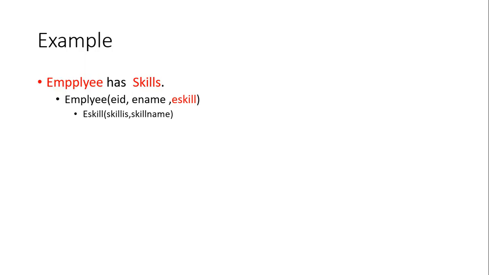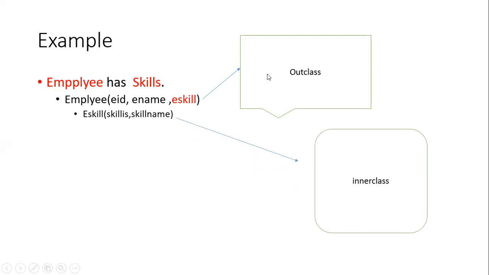By the definition of the class, you know already that a class could have some attributes and some behaviors. So you can define one outer class and one inner class. The employee is the outer class and skill is the inner class of the employee.